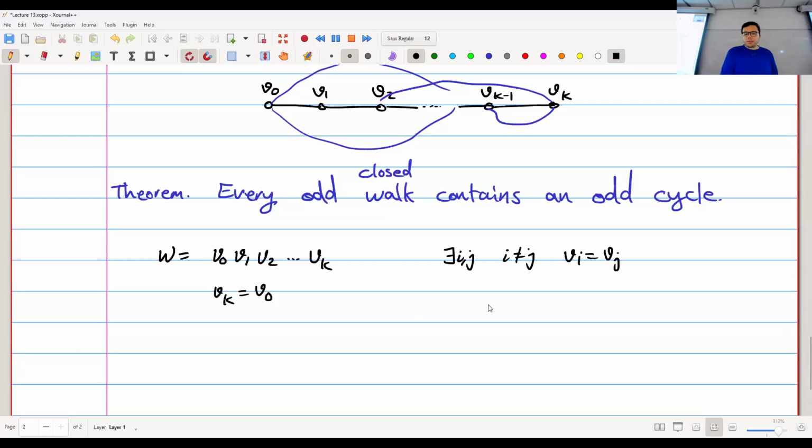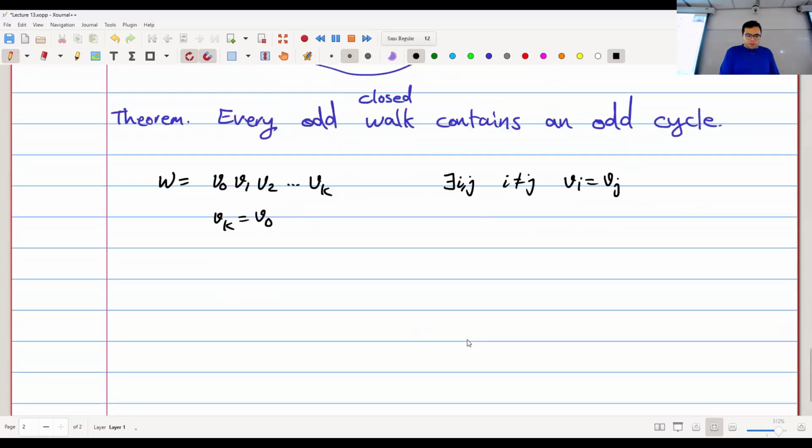And also, I'm not going to consider the corner case where i is 0, because if I'm starting at V0 and I'm getting back to V0 at some point, now I have a smaller closed VOC, and then I can keep doing the same thing. But basically, this means that I'm starting somewhere at V0, I'm going somewhere, and then at some point, I'm going back and crossing myself.